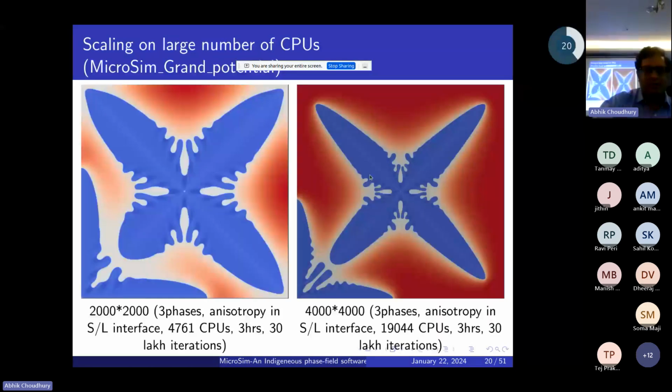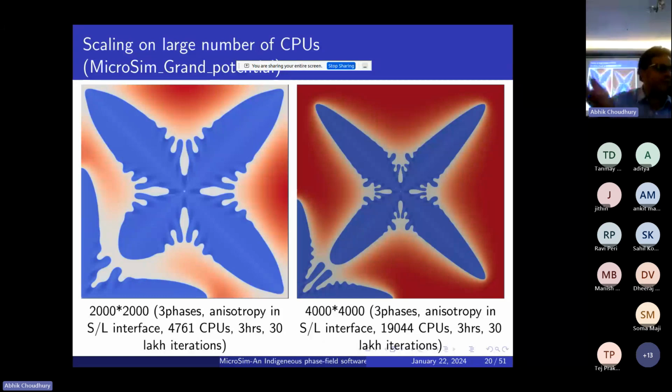So a little more about our solvers in terms of the capabilities of scaling. Our solvers are capable of executing on thousands of CPUs. Okay, and this is some of the runs that we executed on the Pravega machine at the Indian Institute of Science. So our Pravega machine has 28,000 CPUs in total.